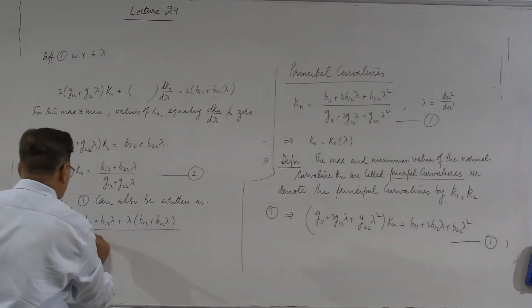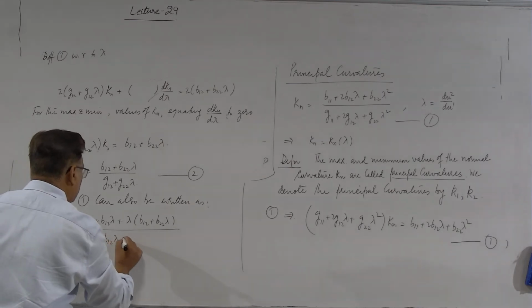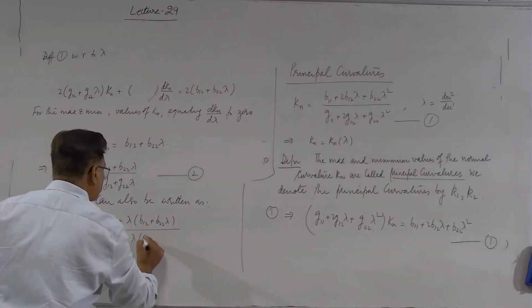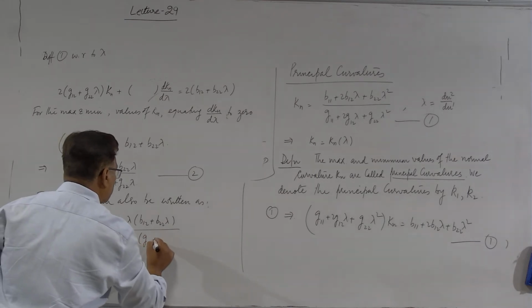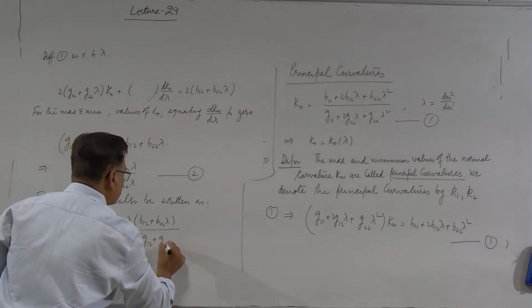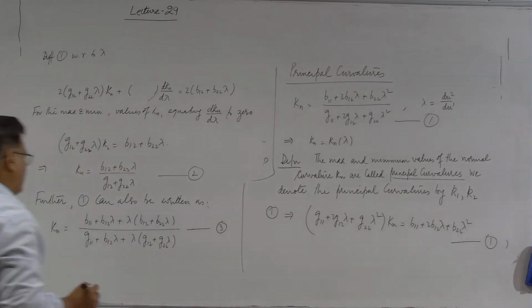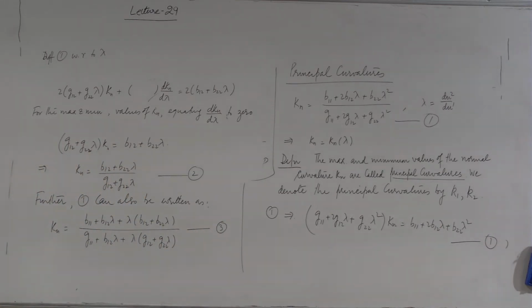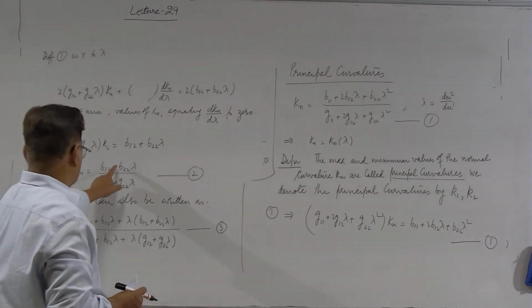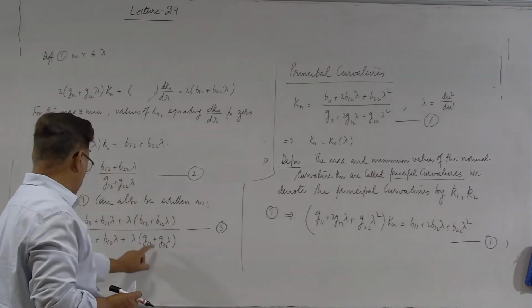Similarly, in the denominator, G11 plus G12 lambda plus lambda times (G12 plus G22 lambda). This I will call as number 3. 3 and 1 are same, the only difference is of writing. Now, from 2 and 3 you can see that these two things are same as this.